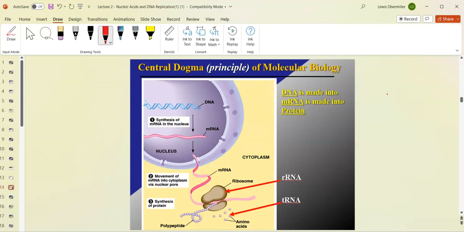So central dogma, we talked about that. This is a eukaryote, right? It has a nucleus. DNA is made into RNA. RNA is made into a protein. That mRNA snakes out of the nuclear pore in the nucleus into the cytoplasm. Super dangerous out there. Lots of nucleases that could chop up the RNA. So it's taking a super risk by leaving the nucleus, but it has to do it because ribosomes aren't found in the nucleus.